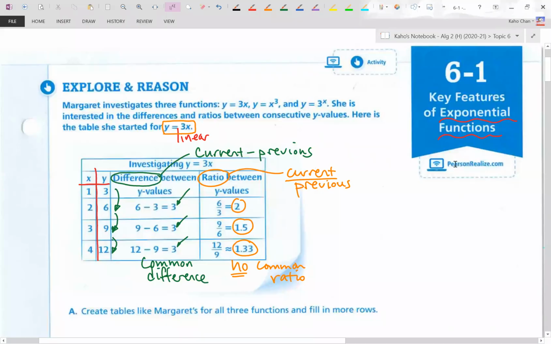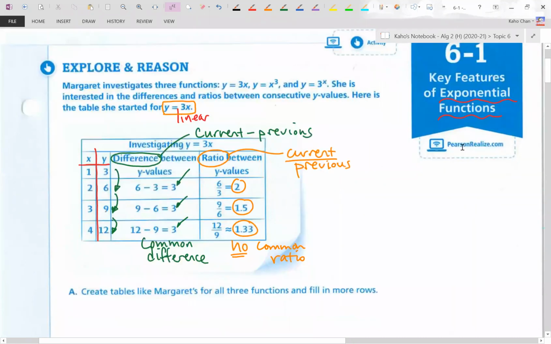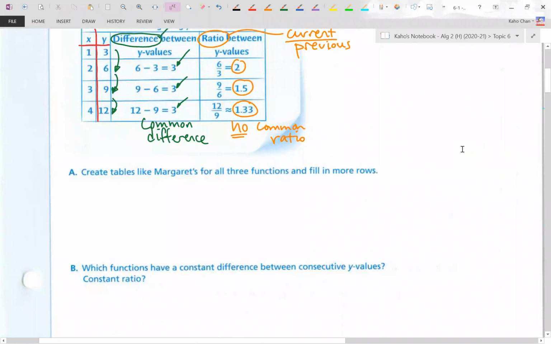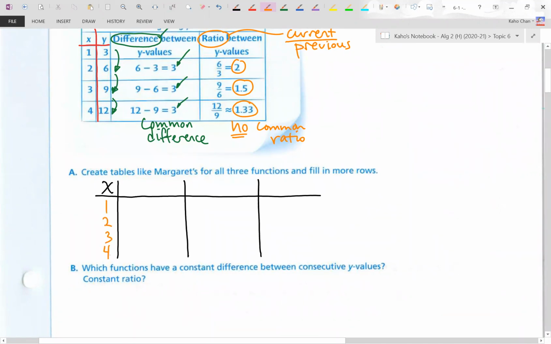Let's go ahead and take a look at all three functions together. Create tables like Margaret's for all three functions and fill in more rows. We're going to explore those three functions and compare them together. Here we go. So the first column will be my domain. Let's just pick some x values here, 1, 2, 3, and 4.